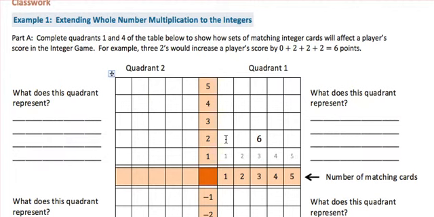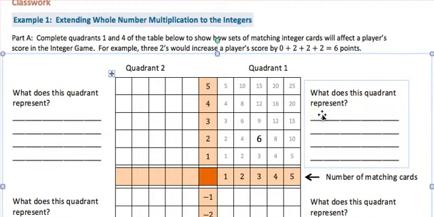And we'll continue on filling quadrant 1 in the same manner. 2 1s, 2 2s, 3 2s, 4 2s, and 5 2s. So quadrant 1 represents picking up positive cards.